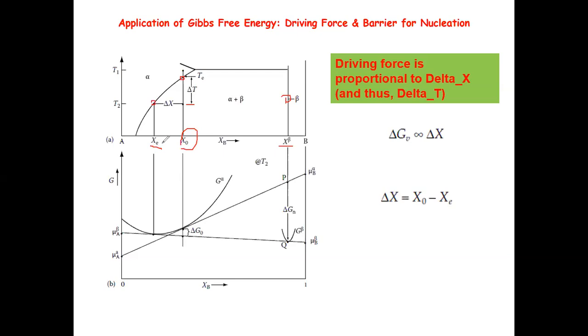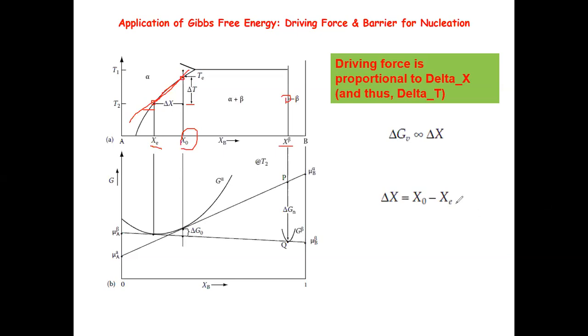Because we have just a fairly small supercooling in our analysis, there are several assumptions we can make. The first is that we can approximately consider this line as a straight line over a certain distance. If that's the case, you can clearly see that if I lower the temperature a little bit further, I'm going to change this X_E. My delta X is simply X naught minus X_E, the difference between the current composition and the actual equilibrium composition of my alpha phase.